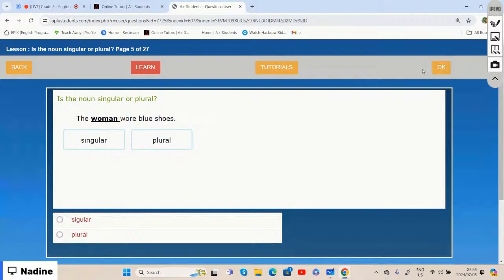It says the woman wore blue shoes. Is this noun woman singular or is it plural? We need to say if it's singular or plural.